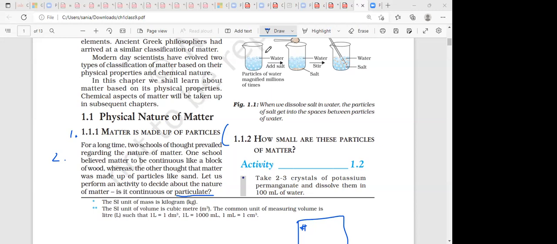Excuse me, ma'am. And the second point, what do we have to write actually? Just write size of the particles is very small. Okay.